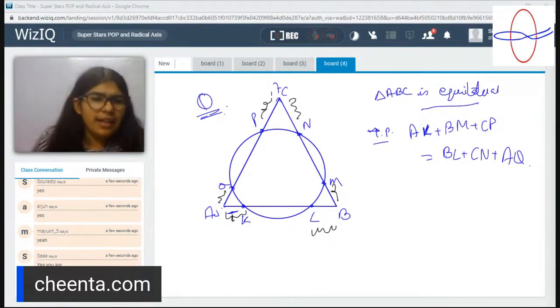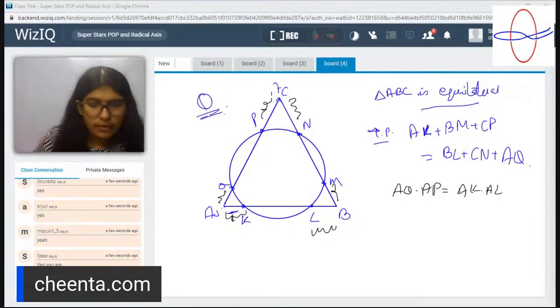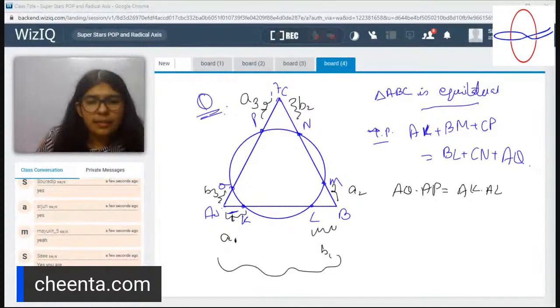Now do you see that AQ into AP equals AK into AL, like that, right? So we take AK as A1, and CP as A3, this as B1, this as B2, and this as B3, and let the side be S. So AQ will be B3 and AP is S minus A3.